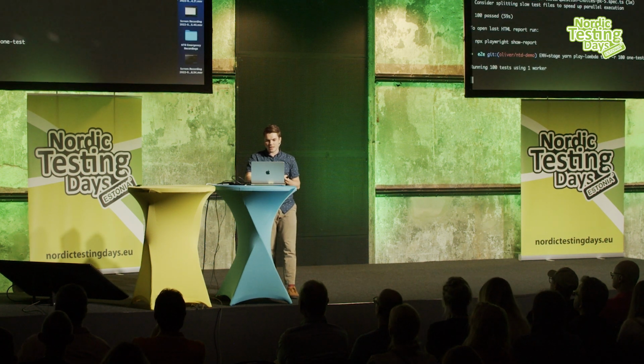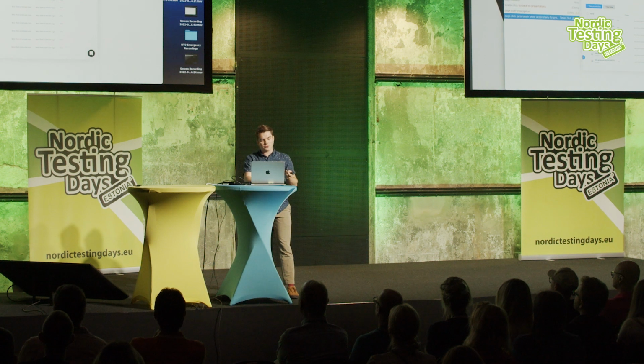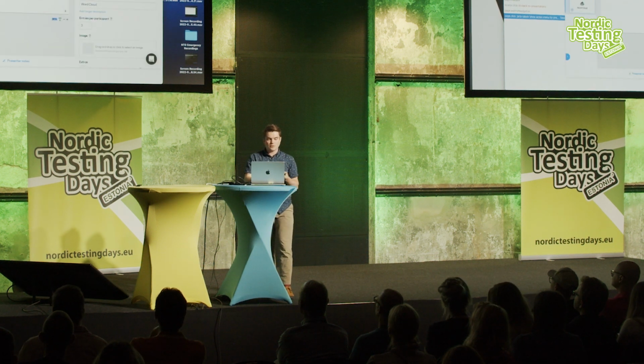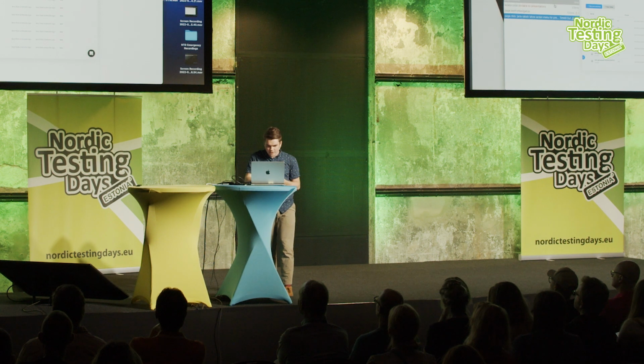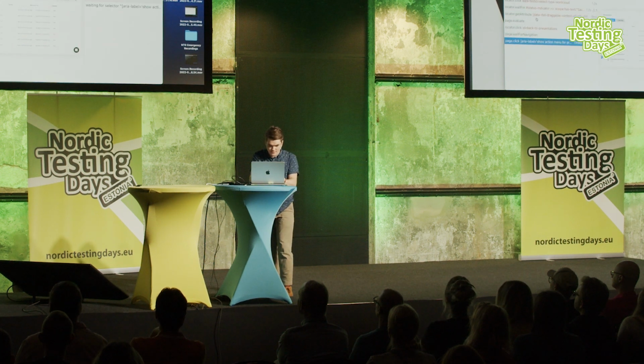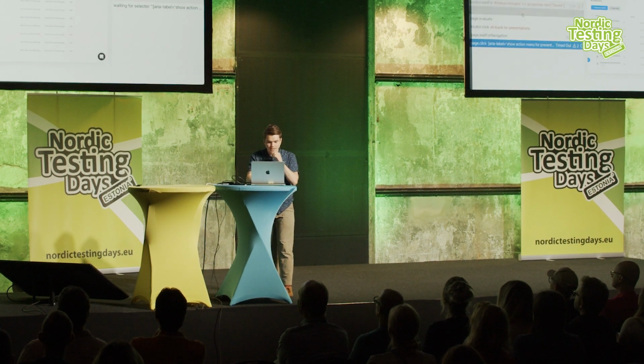I've prepared a couple of flakes that we see. So this is the kind of report that you get back from Playwright. It's a fairly complicated test that votes on a Mentimeter question. And here, for example, looking at, it's quite small text, isn't it? That's a little bit bigger.